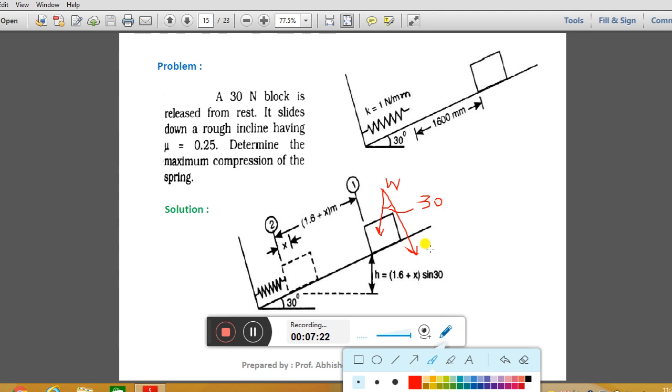Just resolve this. So this will be equal to W cos 30, and this will be W sin 30.